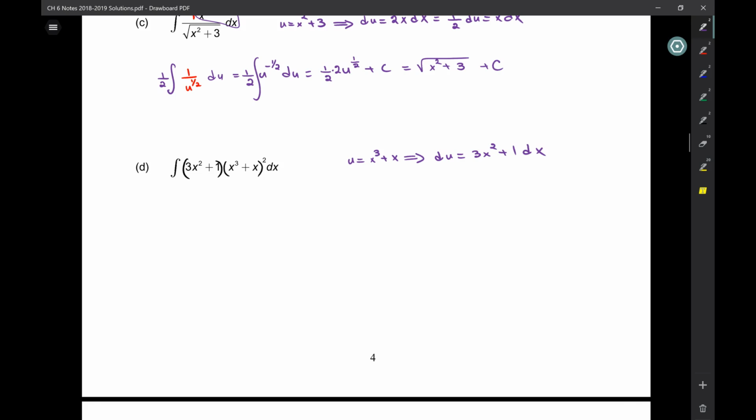Like, seriously? Oh my gosh. How awesome is that? So it's just u squared. And then all these together are du. Right? So it's u cubed over 3 plus c. x cubed plus x, cubed over 3 plus c.